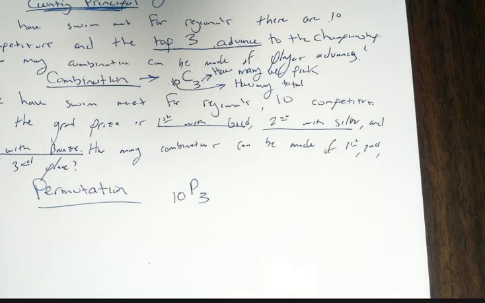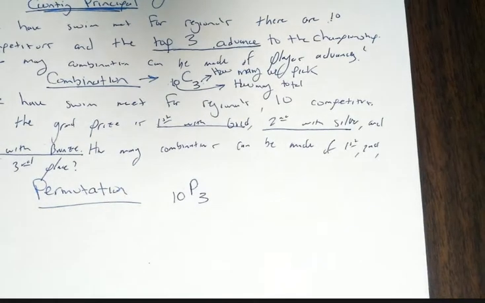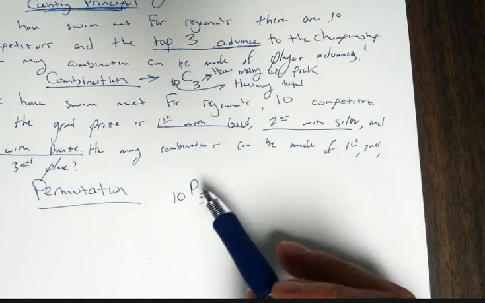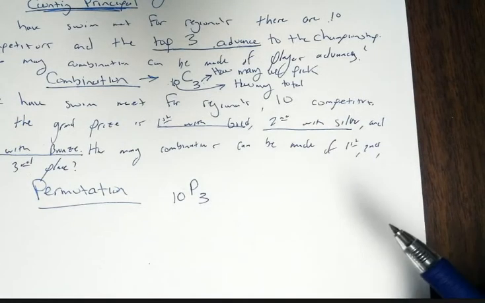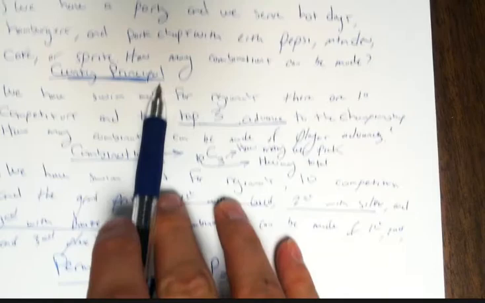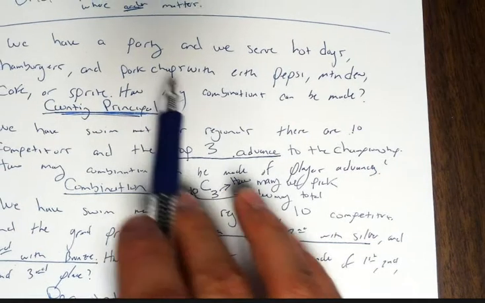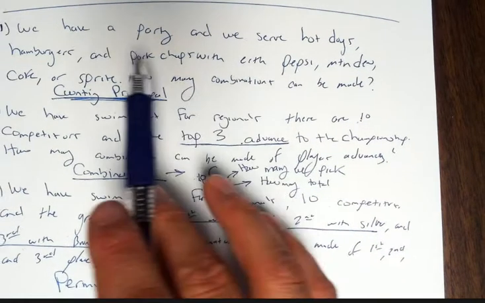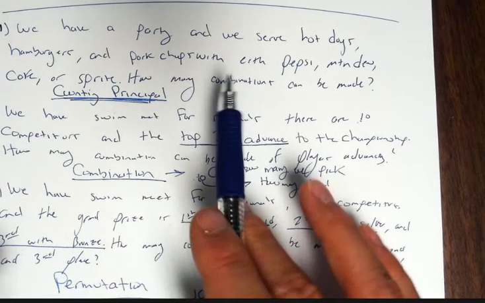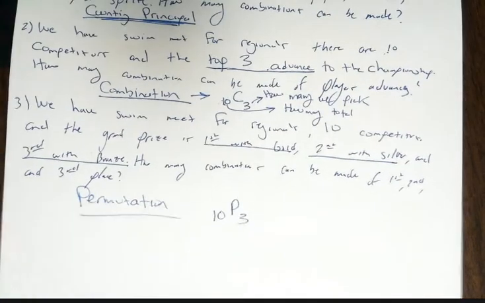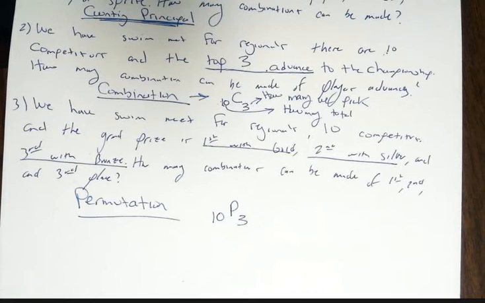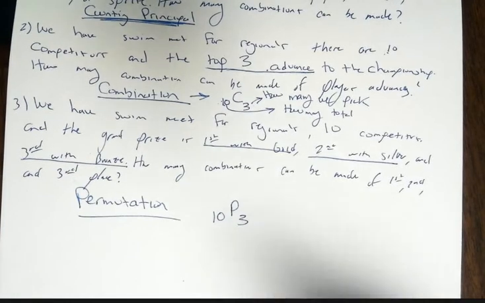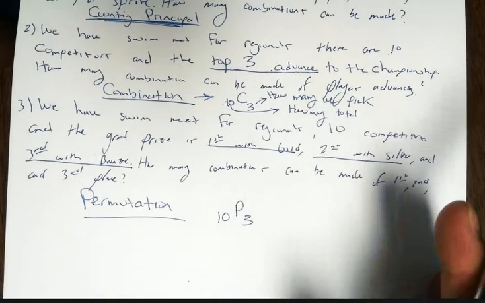Now, the real question is, which one do you think has more combinations? Now, obviously, counting principle we can count off because, if you have a lot more items, it gets a lot higher. But when combinations and permutations, which one do you think would have the most? If order doesn't matter, let's look at this.